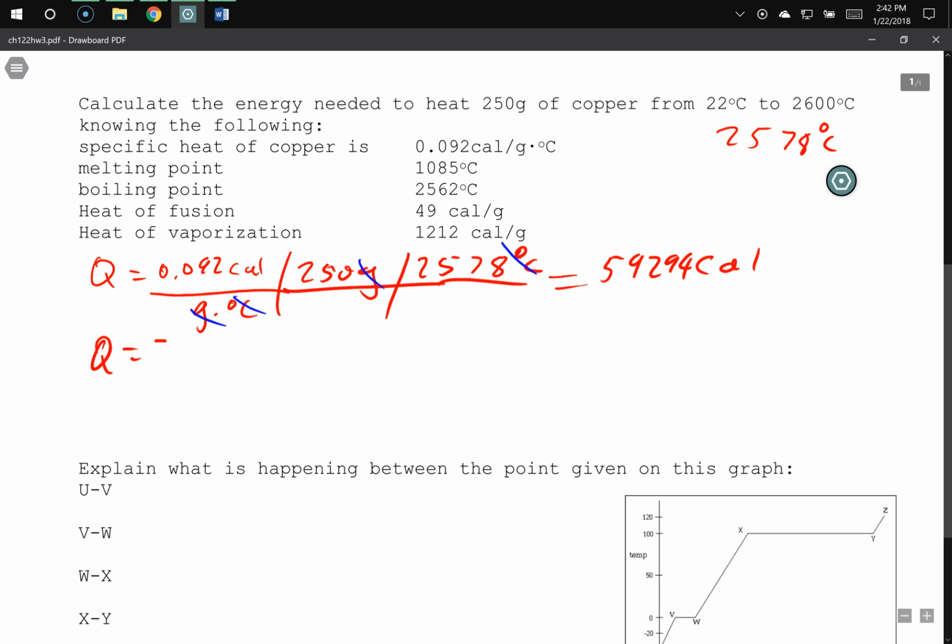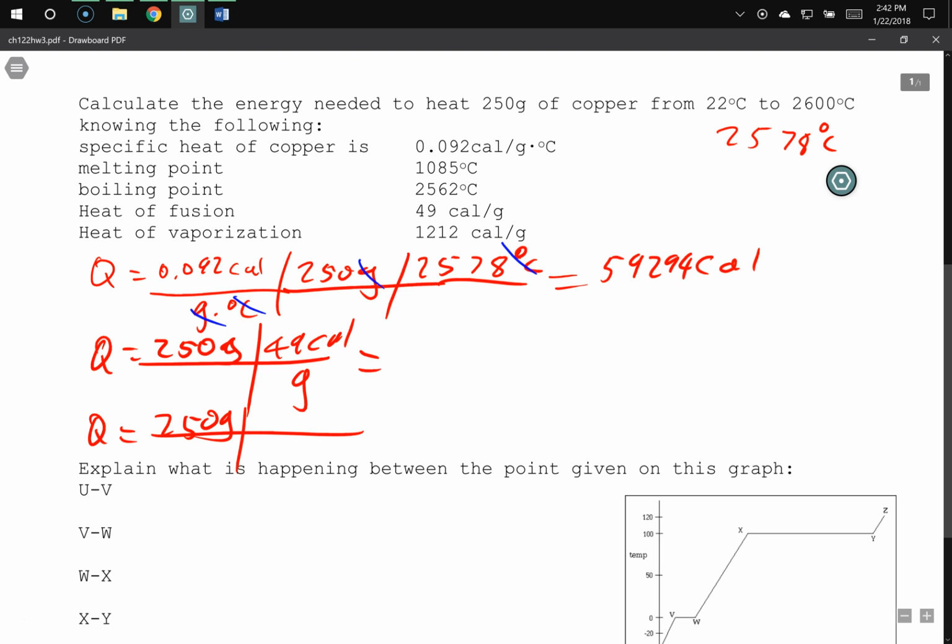So Q is 250 grams, and it's 49 calories per gram. And then to boil it, it's still 250 grams, but this is 12 calories per gram.